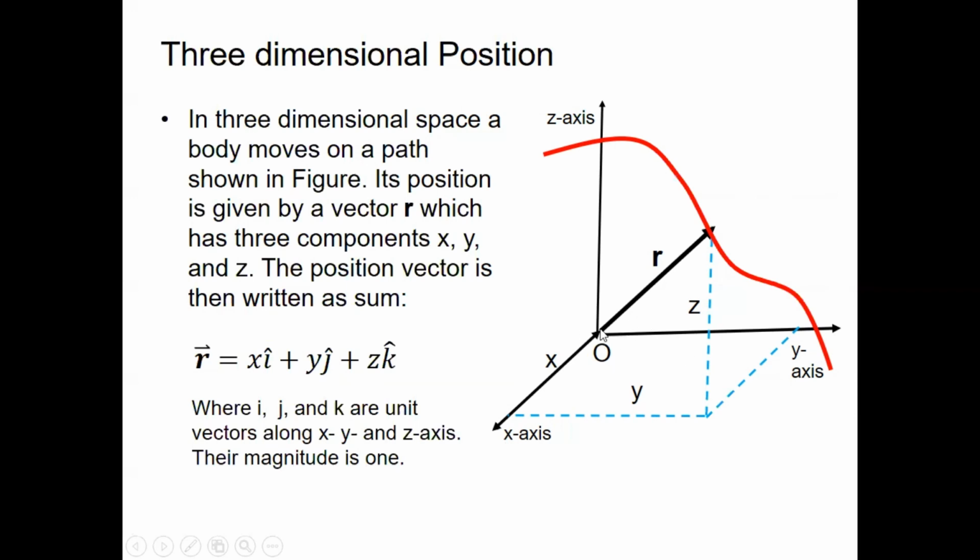The origin is at 0, and any vector is shown as the sum of these 3 components, one along the x-axis, another along the y-axis, the other along the z-axis. That's how we write a vector in 3 dimensions.